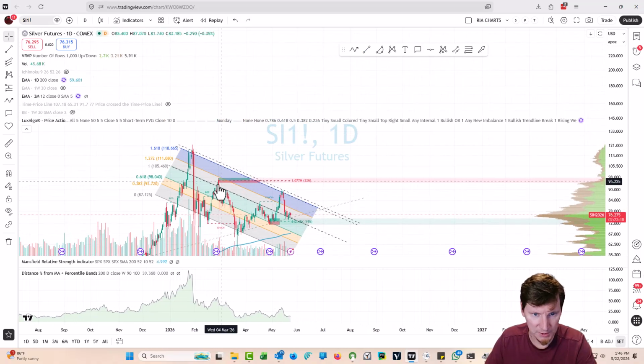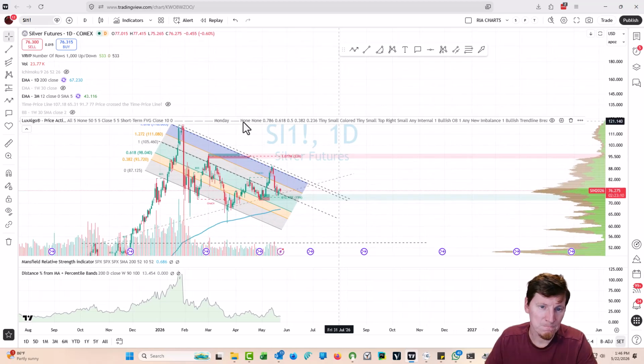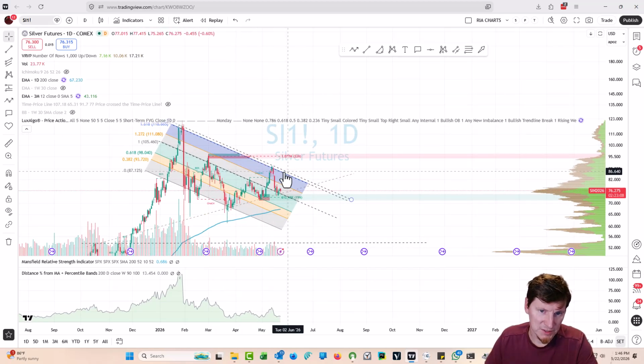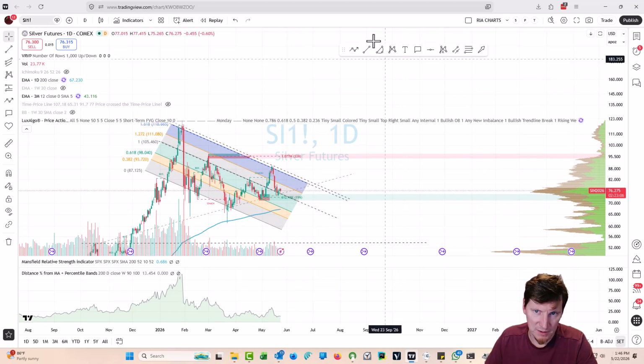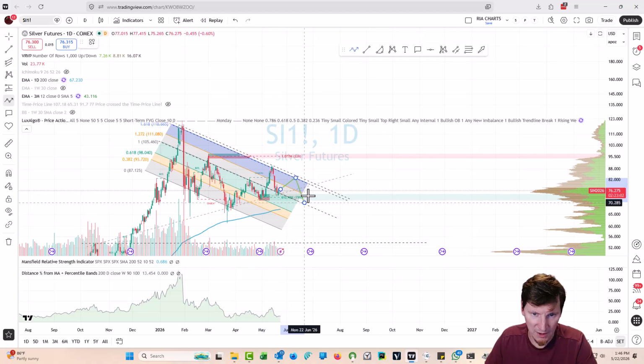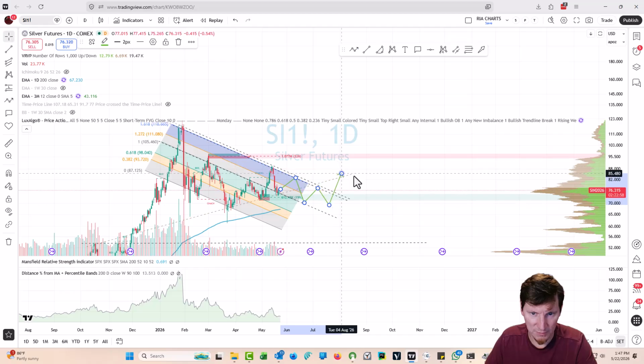If we look here, we had 1, 2, 3, and we broke on the 4th touch, and we came back. We're back testing the inner channel. We've made 2 touches at the top, so we could just decide to consolidate in this range for a while and make these multiple touches before going higher.